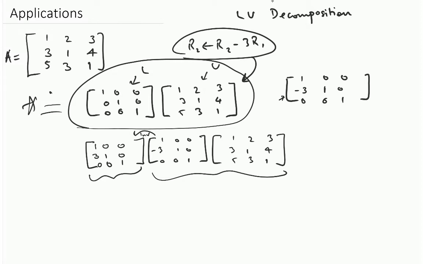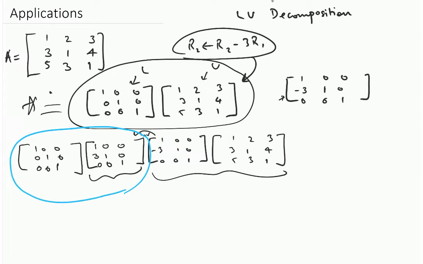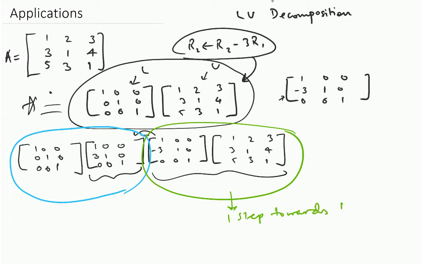I have my identity matrix to begin with. Now if I look at this product, this is one step towards becoming upper triangular, and this is one step towards becoming lower triangular.